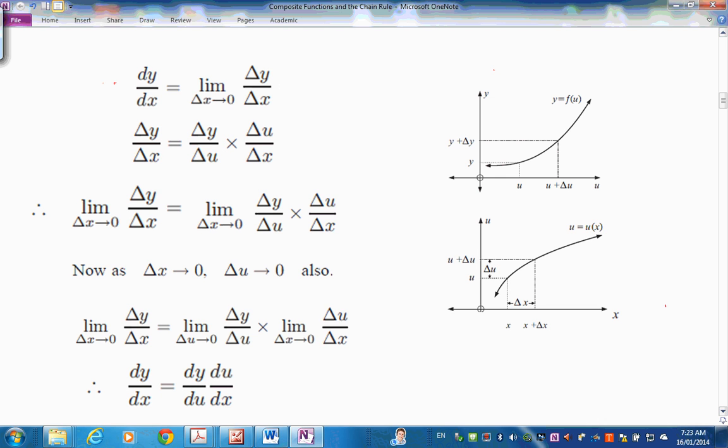Well, first of all, our derivative is our limit as delta x tends to naught of changing y over changing x. Let's just revise that with this little graph up here, just the usual one. So we've got the slope of that chord. We're at x, and we go out to x plus h. So this is delta x, change in x, and how did the y change?